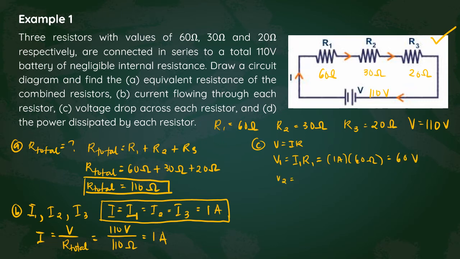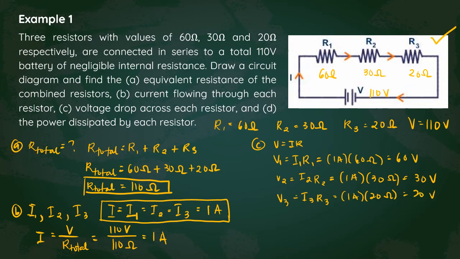For V2, that's I2R2, which is 1 ampere times 30 ohms, so it's 30 volts as well. And V3 is I3R3, which is equal to 1 ampere times 20 ohms, that's 20 volts.